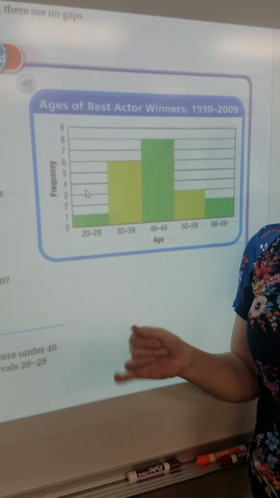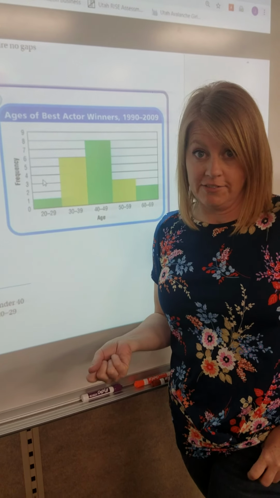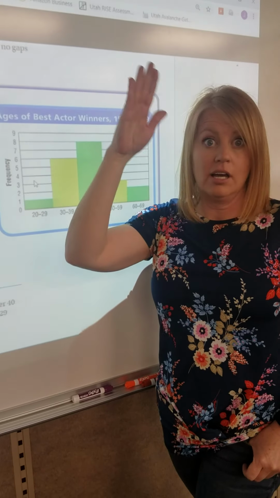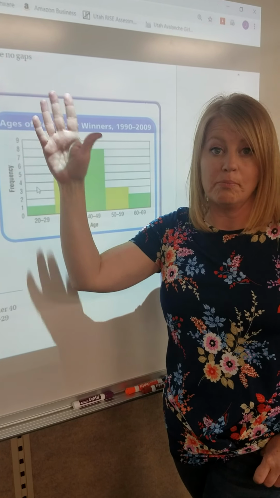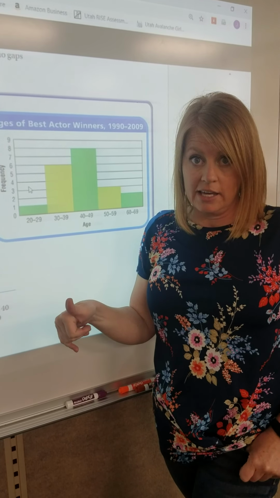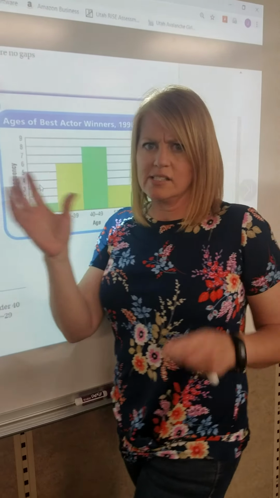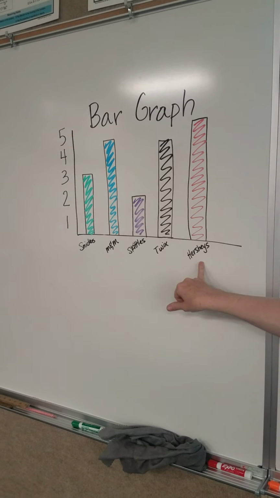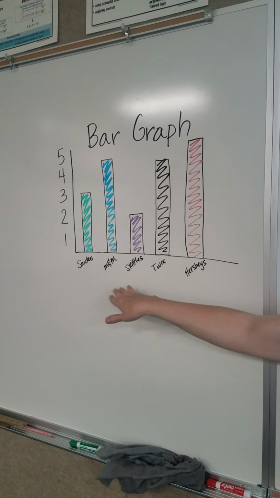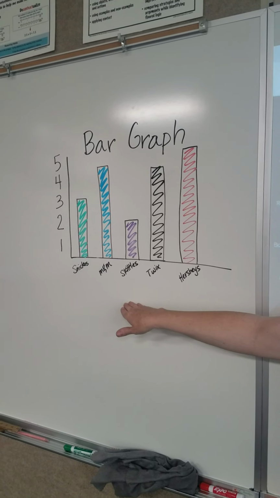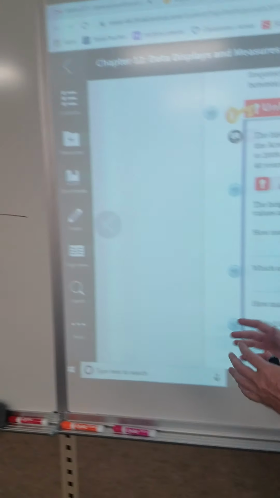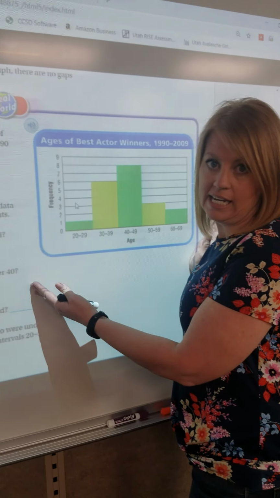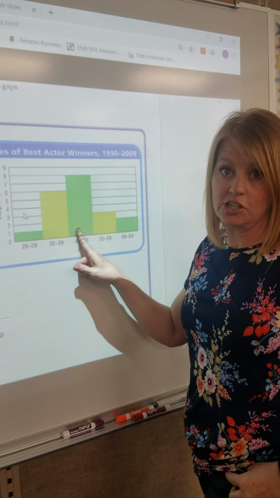If you were going to try and do that in a bar graph, you would have just a ton of bars. So when we just have a small piece of information, like for example, this bar graph is only including 5 different things, then you can use a bar graph. But when you have a wide variety of data, then we have to use a histogram.